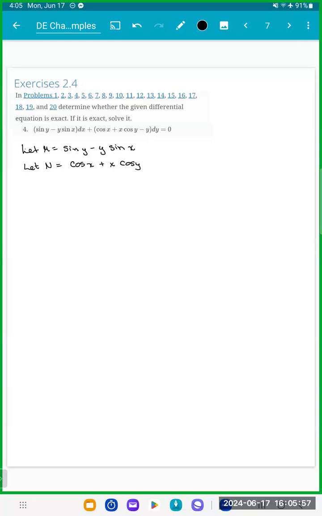Okay. So when we take the partial derivative of M with respect to y, that's going to give us cosine of y minus sine of x. When we take the partial derivative of N with respect to x, that's going to give me negative sine of x plus cosine of y.